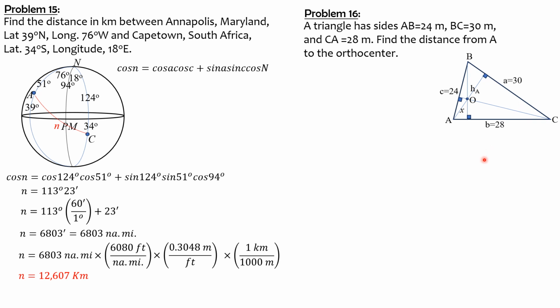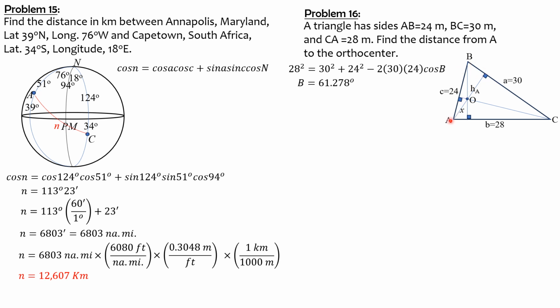So by cosine law to solve for B, 28 square equals 30 square plus 24 square minus 2 times 30 times 24 cosine of angle B. So using your calculator, angle B is equal to 61.278 degrees.